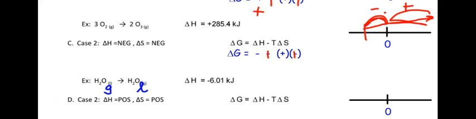So what about the last case here? Hopefully I got this one right. Let's go on.